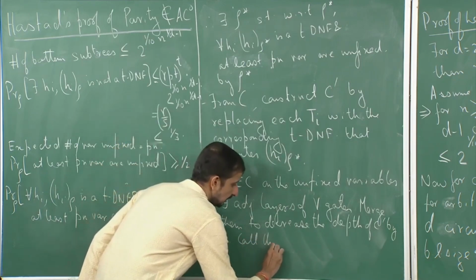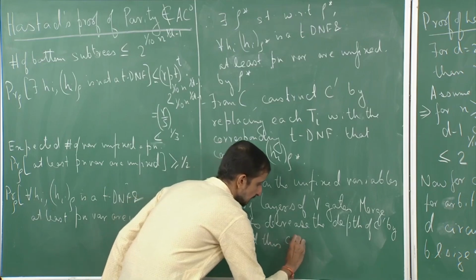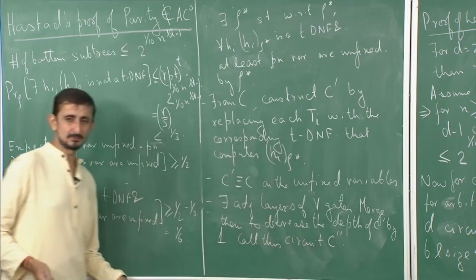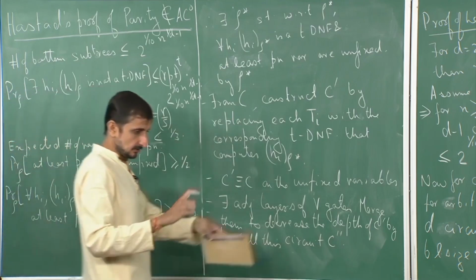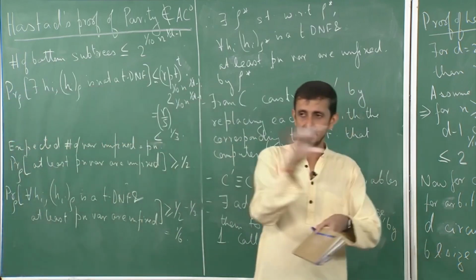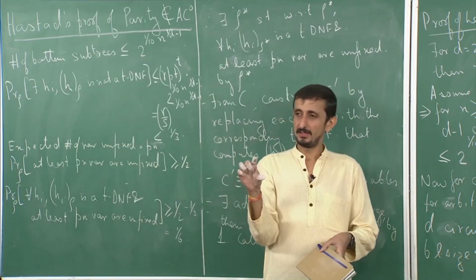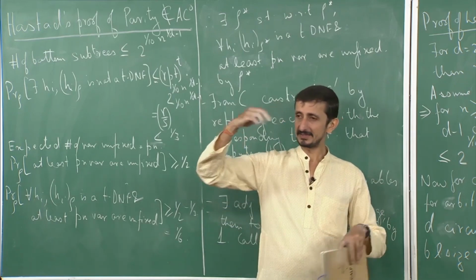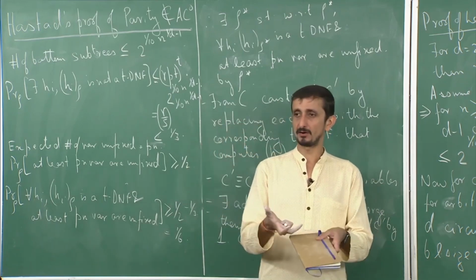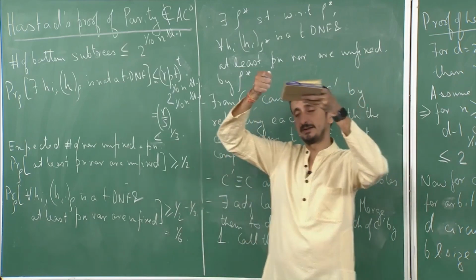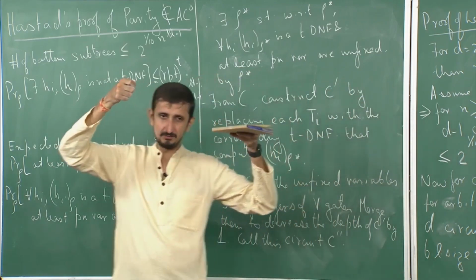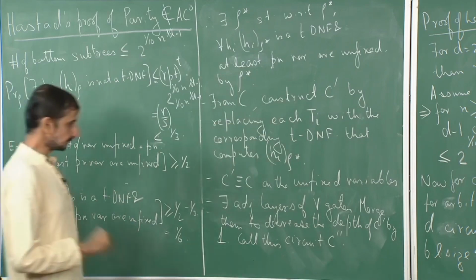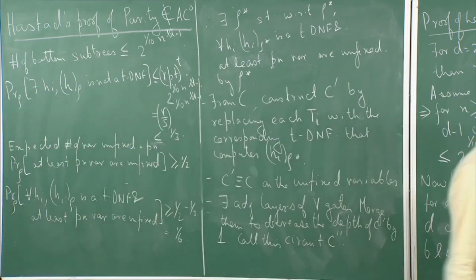So, think of it this way. I have two layers of OR gates now. I take the top layer OR gate, and whatever was coming into the bottom layer OR gate, I send it to the top layer. It is computing the same function.